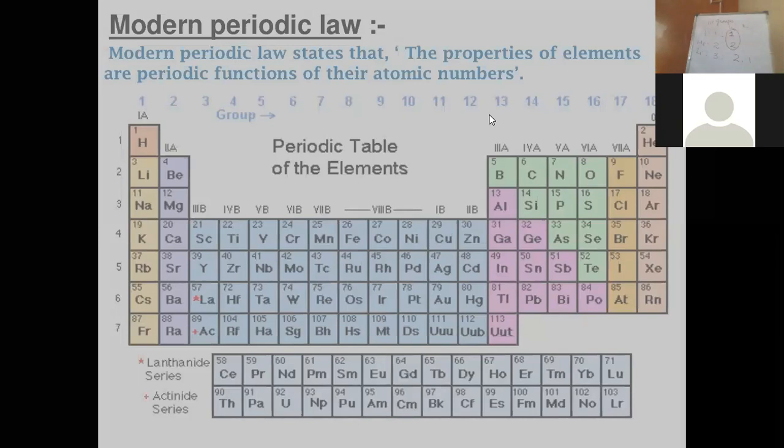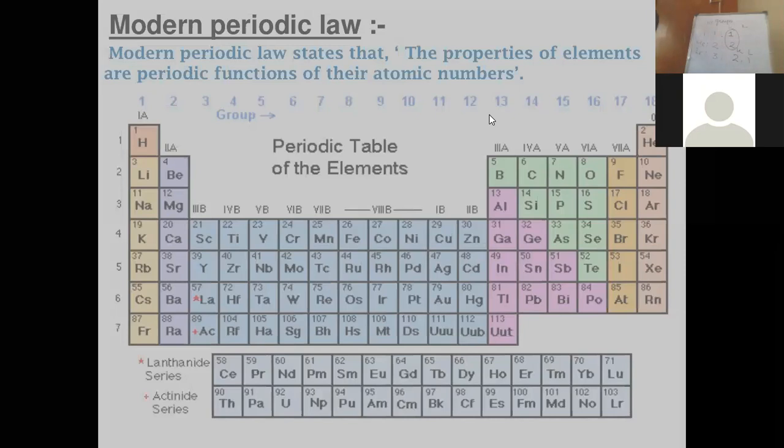Then there are short periods. In the short period, that is period number 2, you can see that there are 8 elements. Now, how have they been placed? They have been placed in such a manner that those elements having K shell and L shell have been placed in the second period, right?